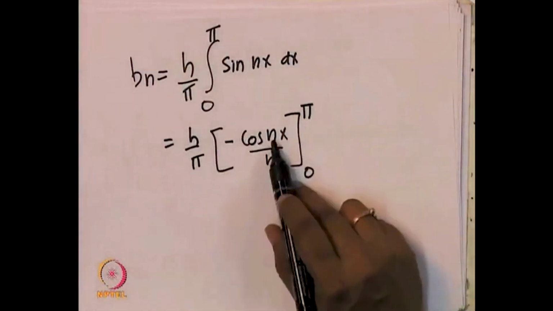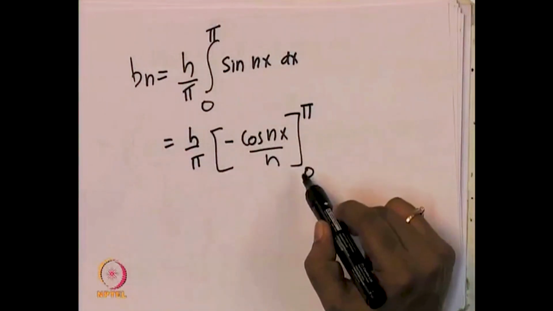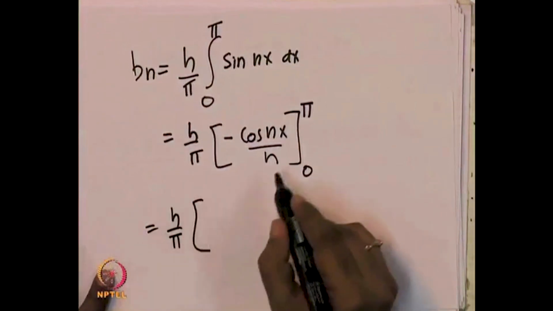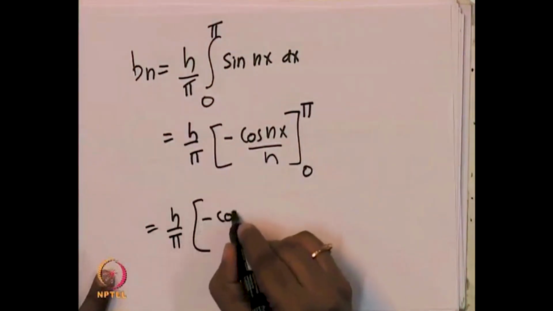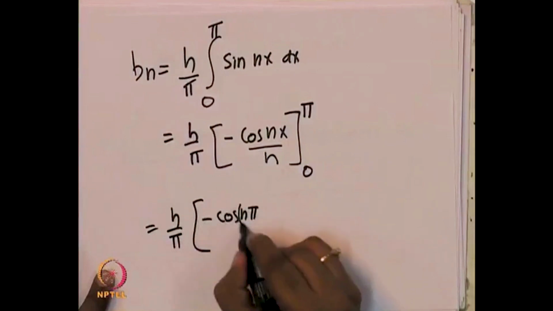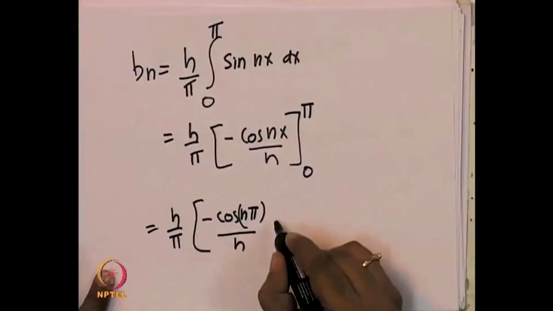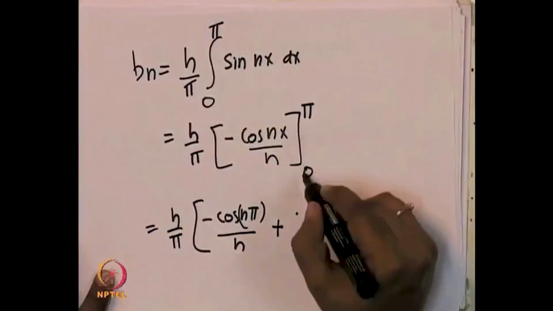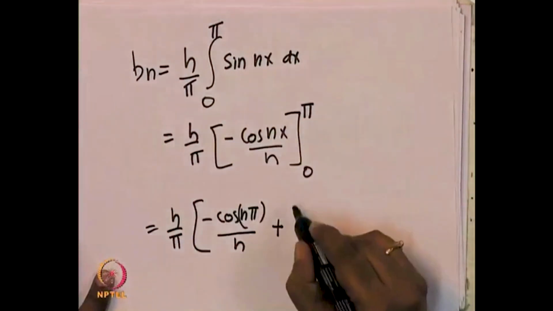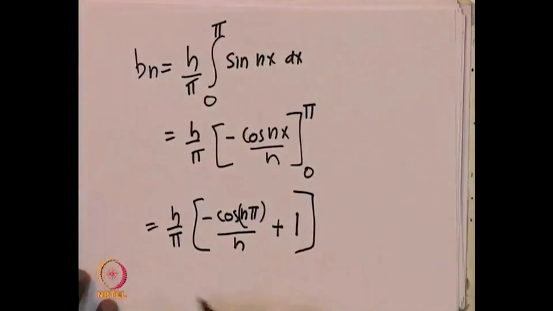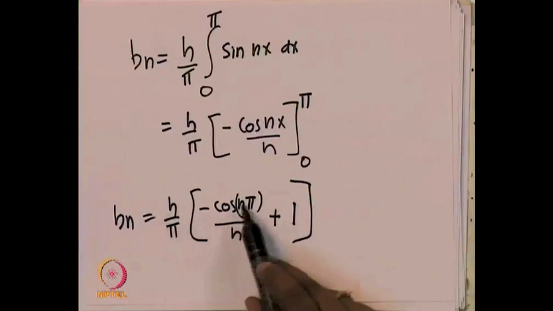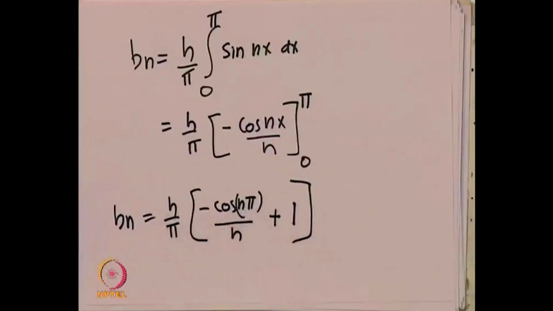So, this is h by pi into minus cos n pi by n, minus, and there is a minus sign again, so plus, cos n 0 which is just 1. So, basically b n turns out to be h by pi into 1 minus cos n pi by n.